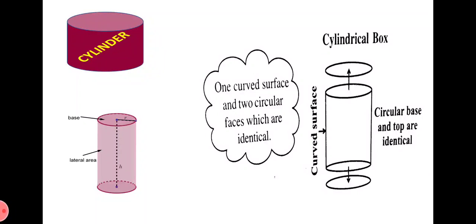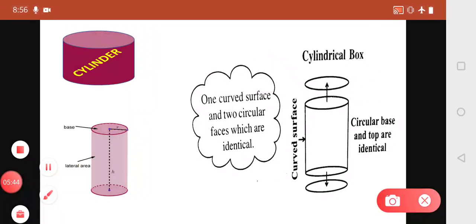When we cut open the cylindrical box, we can see that one face is the curved surface, a pipe type figure, and the top and bottom are circular parts. Both the top and bottom are identical. So a cylindrical box is made up of one curved surface and two circular faces which are identical.